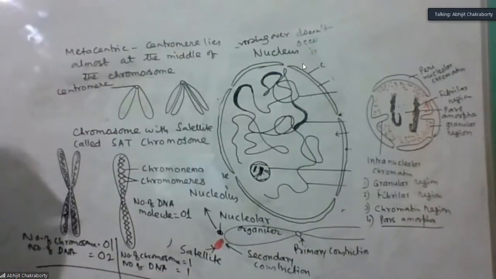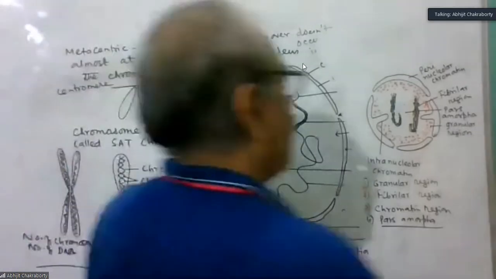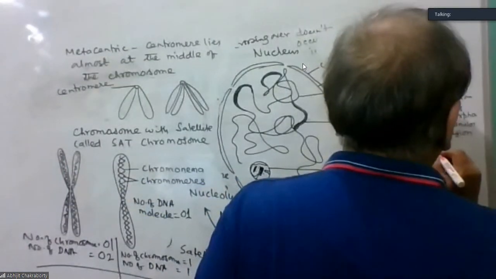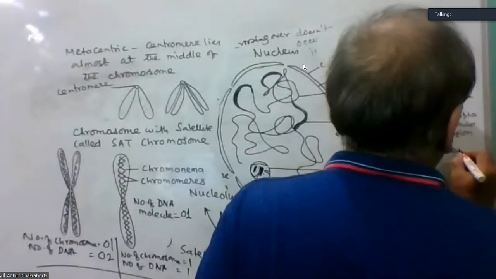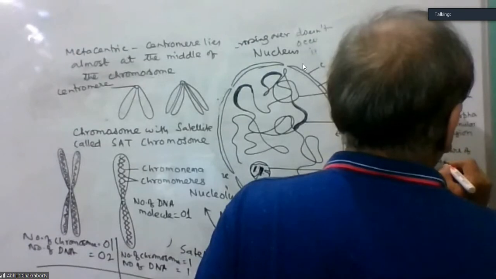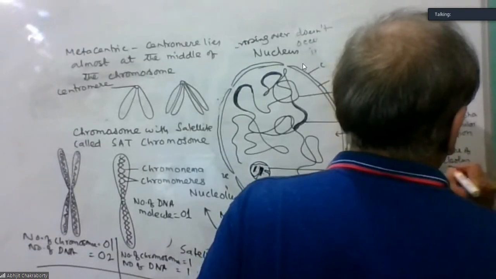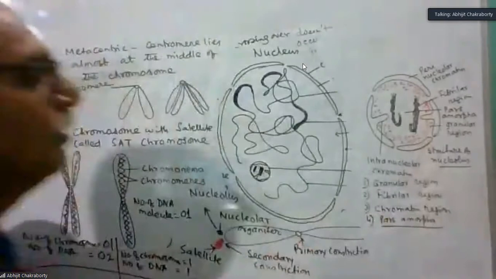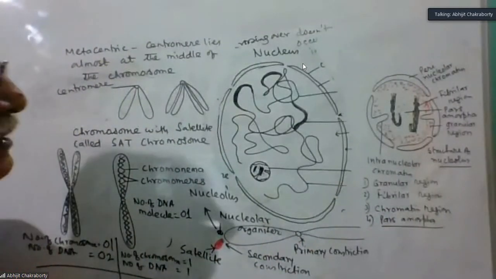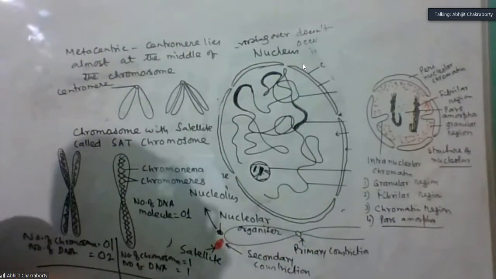So in the structure of the nucleolus, there is the granular region, fibrillary region, chromatin region, and pars amorpha.